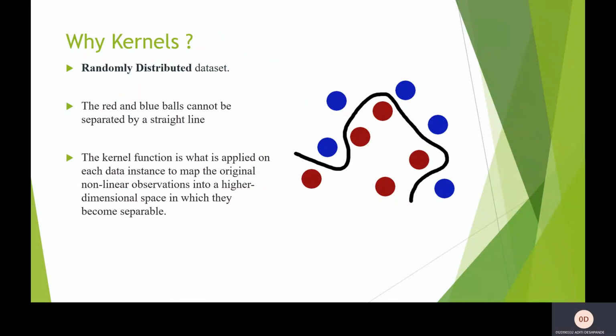It entails transforming linearly inseparable data to linearly separable ones. The kernel function is what is applied to each data instance to map the original non-linear observations into a higher dimensional space in which they become separable.